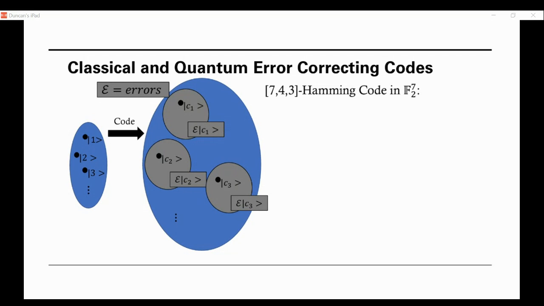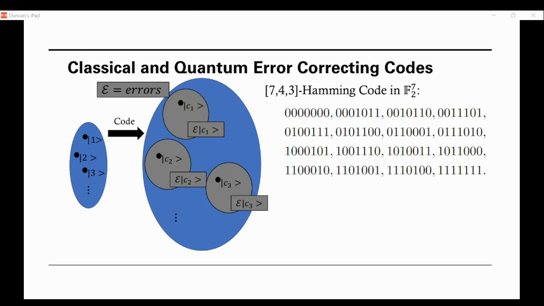And classically, just a basic example to make sure we're all on the same page here, you can have this 7-4-3 Hamming code, and this is just with bits. So you're taking 4 bits and encoding them into 7 bits. And what are we trying to protect against? We're trying to protect against bit flips.